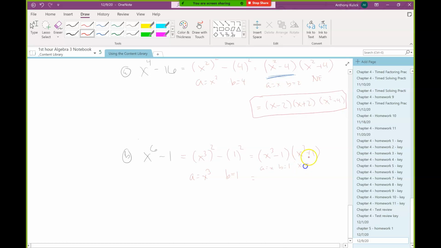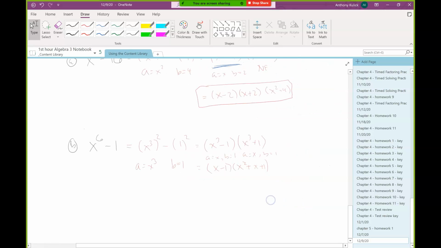Similar to here, my a is x and my b is 1. So using the difference of two cubes, I get this. And using the sum of two cubes, I get this. And that's going to be my final answer.